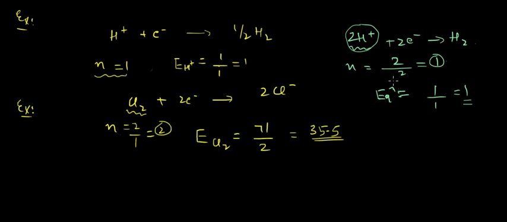I might have orally told the formula of equivalent weight while calculating the n factor, so I am just correcting that here. The n factor is calculated, in case of H plus, as moles of electrons accepted or released, in this case moles of electrons accepted, divided by moles of H plus consumed.